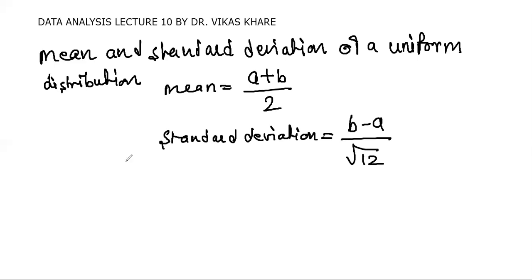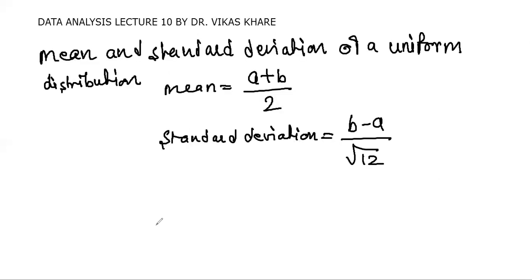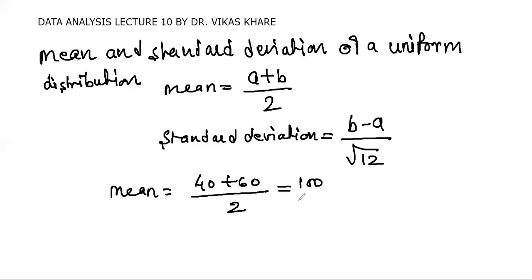Again, we consider the last example, where a is equal to 40 and b is equal to 60. For the mean, 40 plus 60 divided by 2 is 100 by 2, which is equal to 50. This is the basic approach to find the value of mean in the case of uniform distribution.